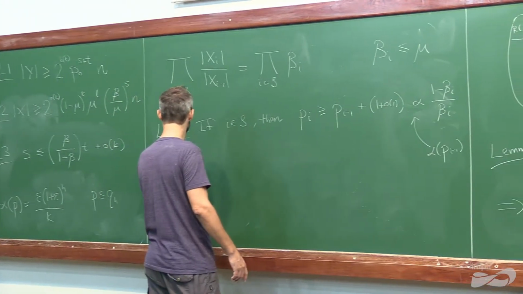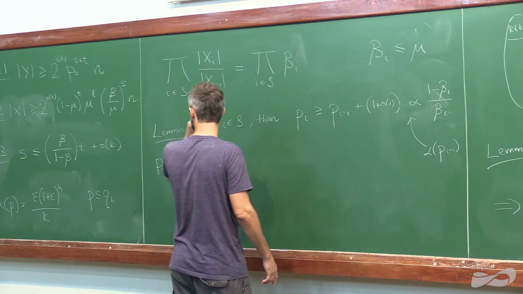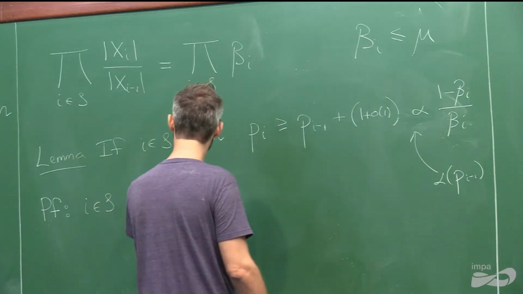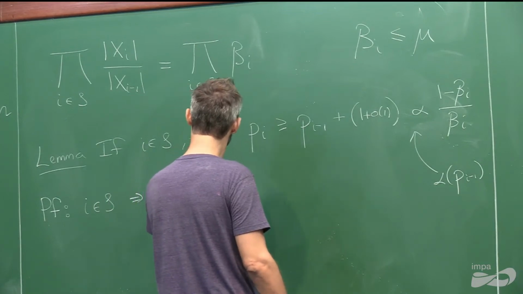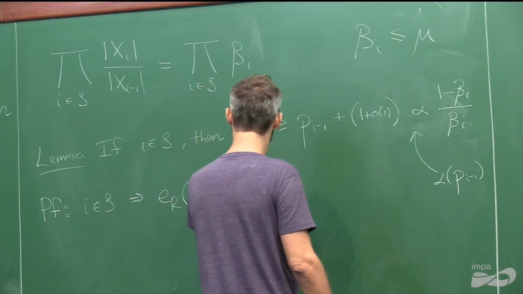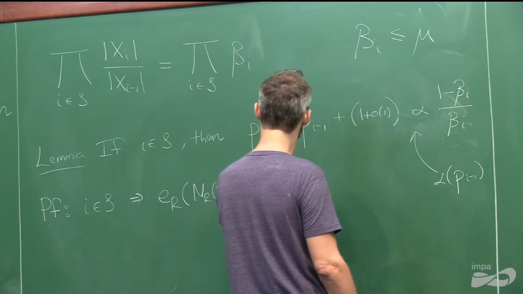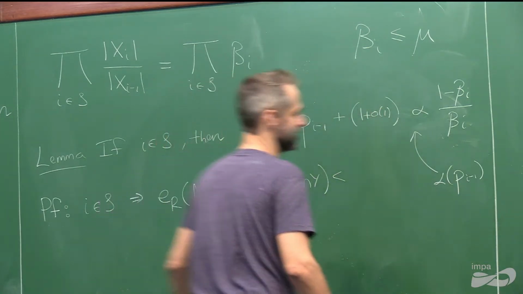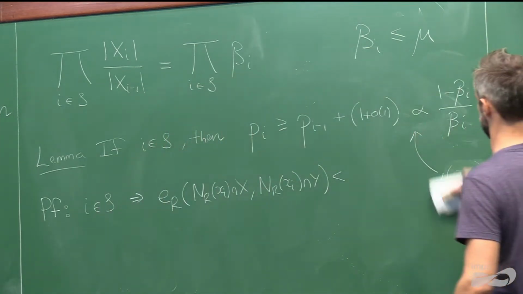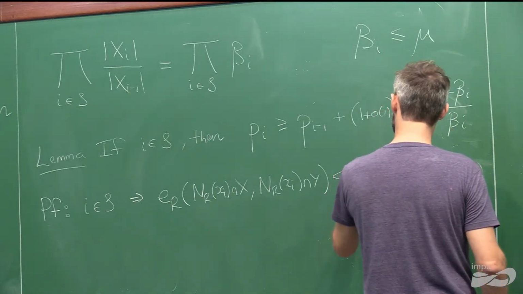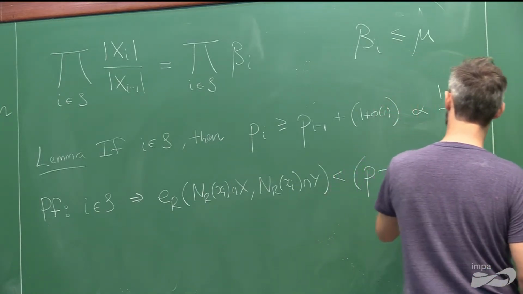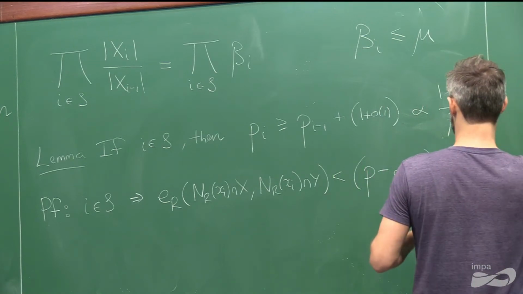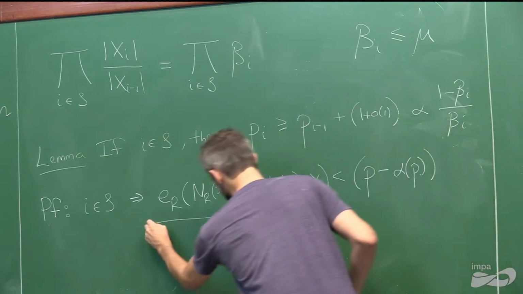Okay, i as an S implies that the number of red edges between the red neighborhood of xi in x and the red neighborhood of xi in y is at most this p minus alpha of p times y, times the product of these things.